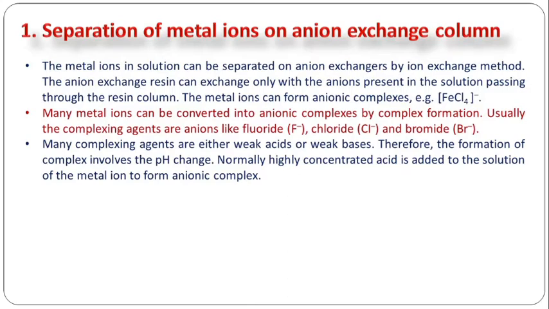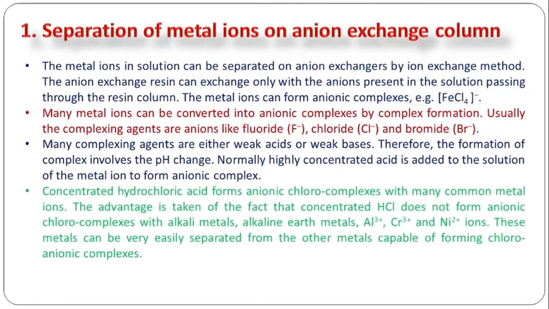The pH of the solution may change because these complexing agents are weak acids or weak bases. Normally, a highly concentrated acid, like concentrated HCl or concentrated H2SO4, is added to the solution of the metal ion to form the anionic complex with the cations. The concentrated hydrochloric acid forms anionic chlorocomplexes.